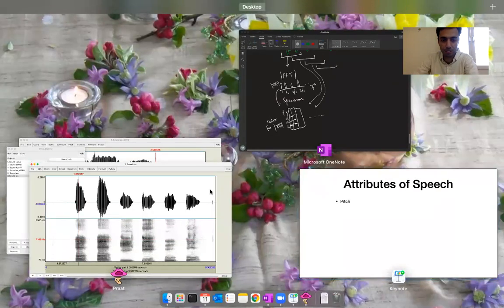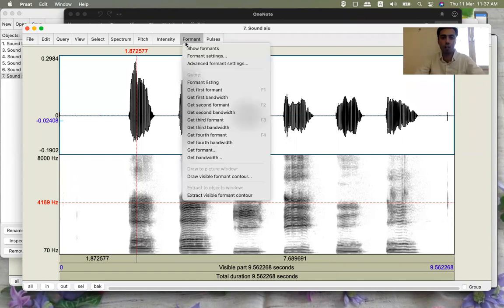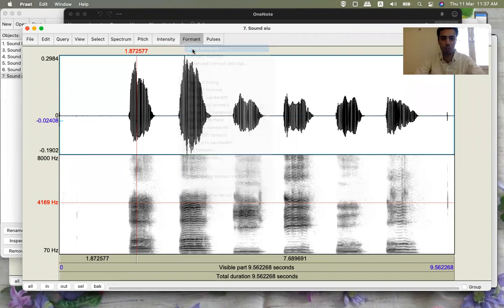Let's come back. The next concept I want to discuss is formants. Formants are the peaks in your spectral envelope. Not the peaks in the spectrum, but the peaks in the spectral envelope. They are called formants. I will plot formants here. I hope it will do a good job. It's taking some time.